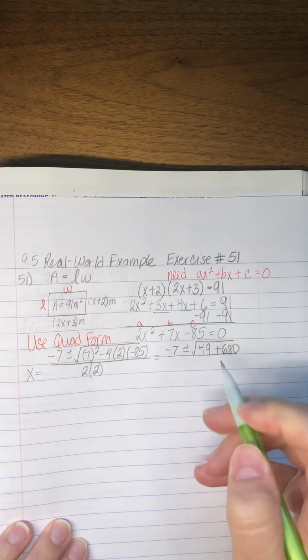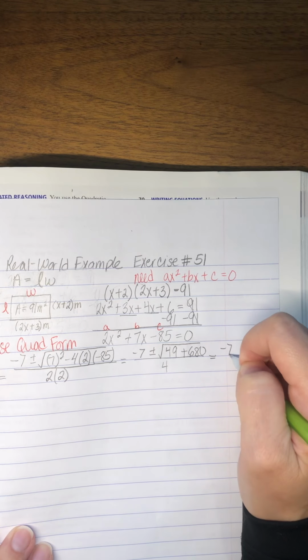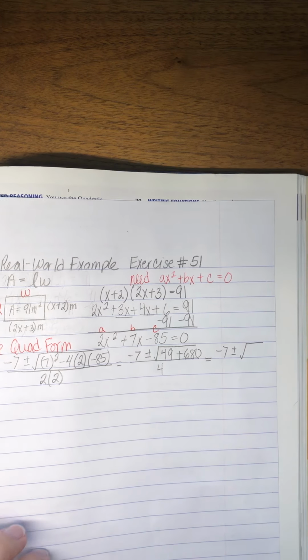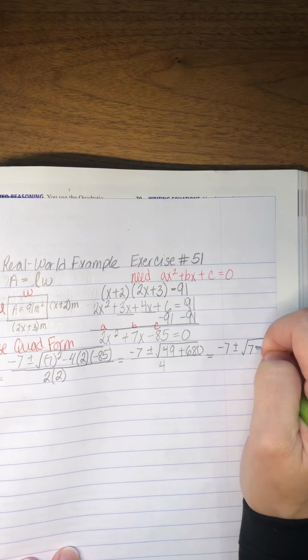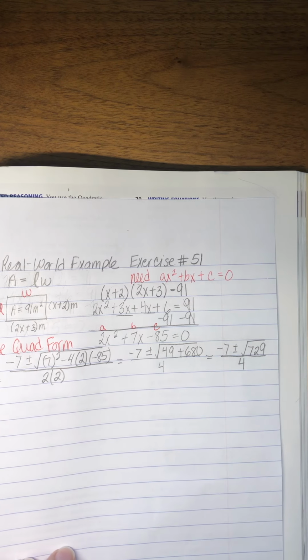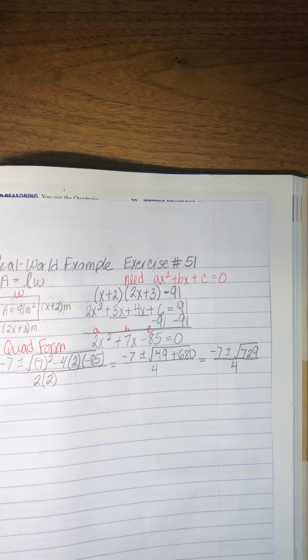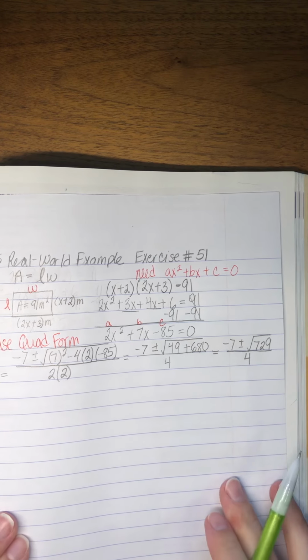All over 2 times 2, which is 4. Let's keep simplifying. Negative 7 plus or minus the square root. Let's combine these numbers underneath the radical here to get 729 over 4. Okay, my next step is I'm going to take the square root of 729, and 729 happens to be a perfect square. So when I take the square root, it's going to come out really nice.